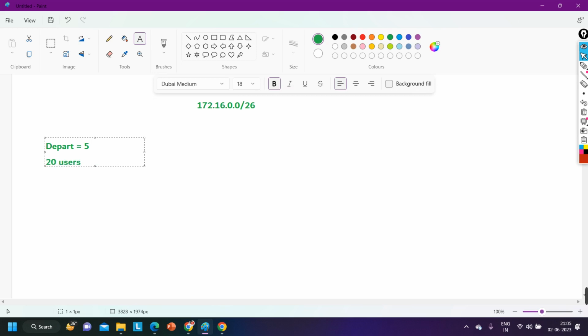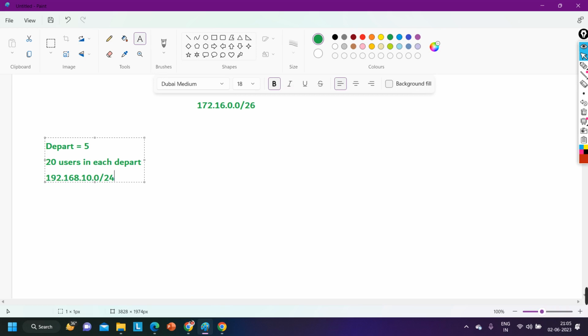How will you perform subnetting if you have the IP address 192.168.10.0/24 for your requirement?